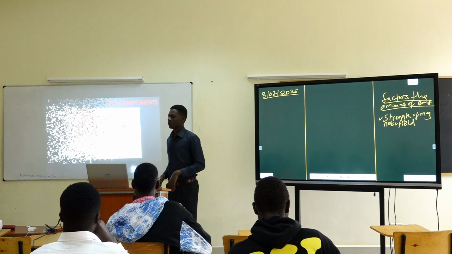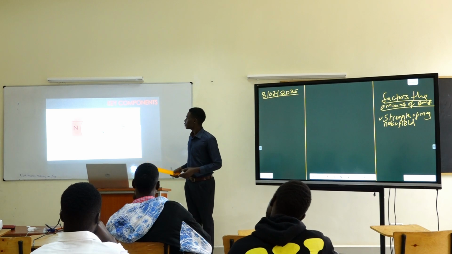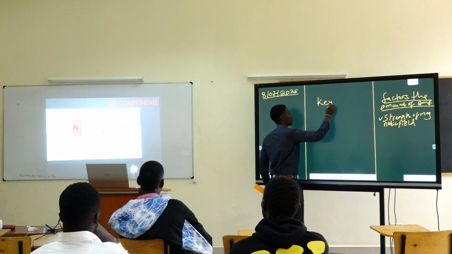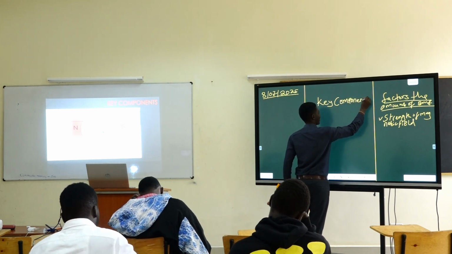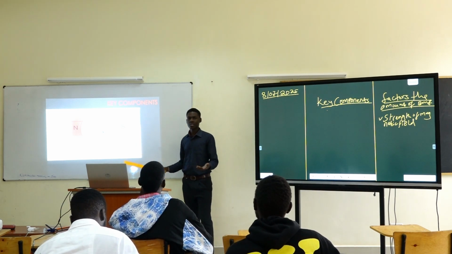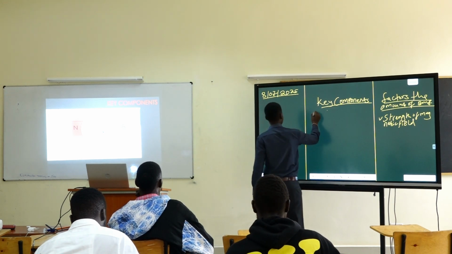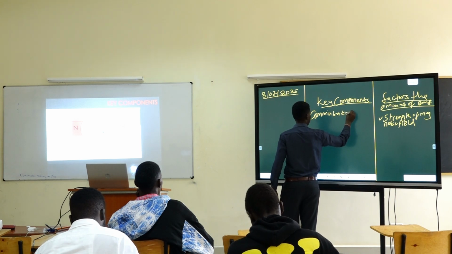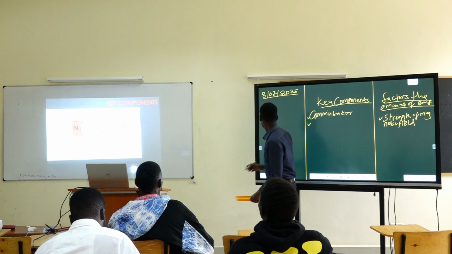Let us look at the key components in our diagram. What are some of the key components that you can see? Just look with your eyes and name them. Yes, you have the commutator. The conductor.